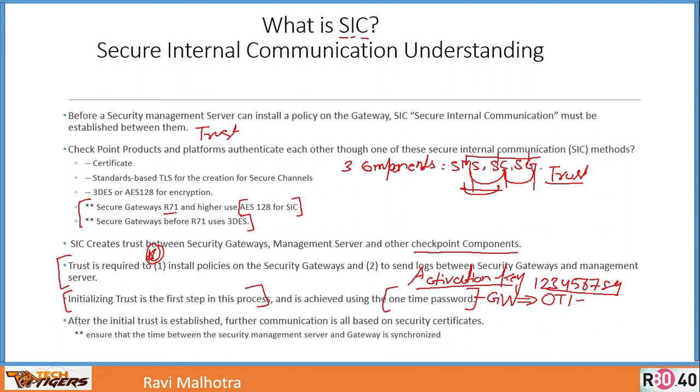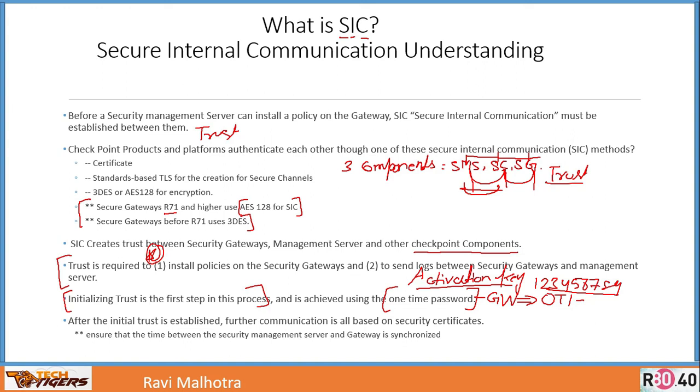Once we initialize the trust, we use the activation key as a one-time password to initiate the trust. Once trust is established, the status of the trust is known as communicating, and certificates are exchanged between them. If the trust is broken, this certificate is of no more use, and this is updated in the CRL list. The CRL list is updated with the serial number of the certificate which has been revoked.